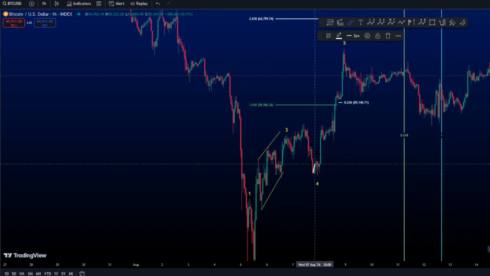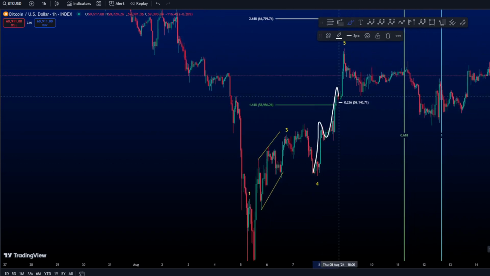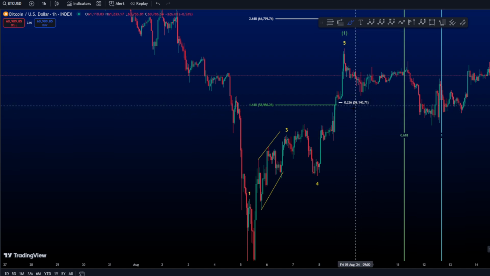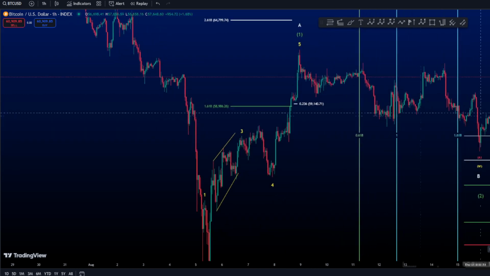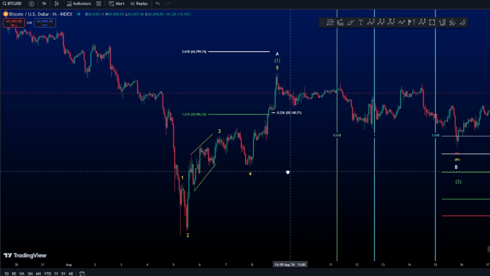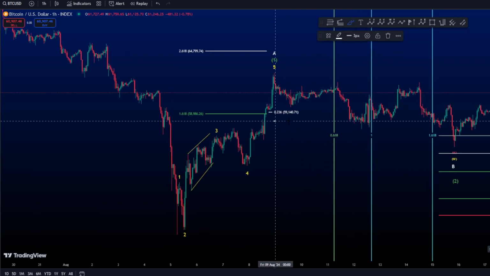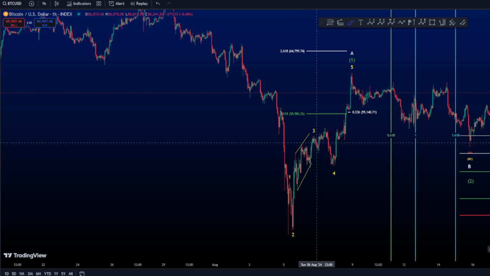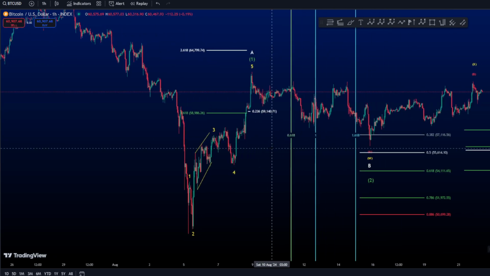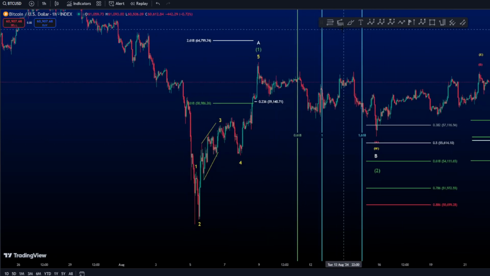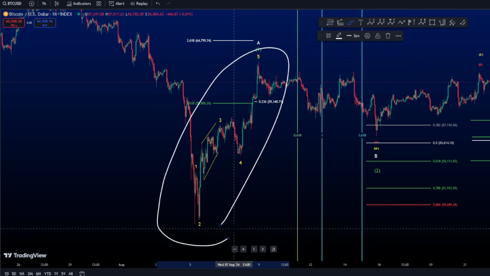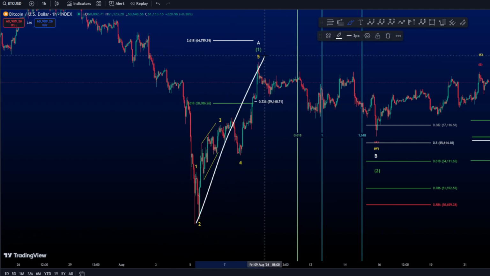If I'm considering this 1, 2, 3, 4, my 4 did not hit any fib level. And this is very problematic. And I'm not going to be, to be honest, very lenient with it and say, okay, that might be, because it's not possible. Therefore, this reduces the possibilities so much, as this is a wave 1.